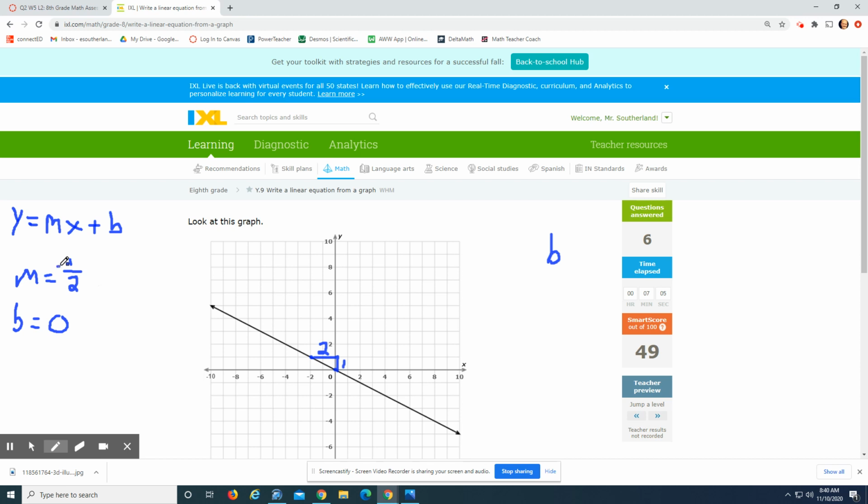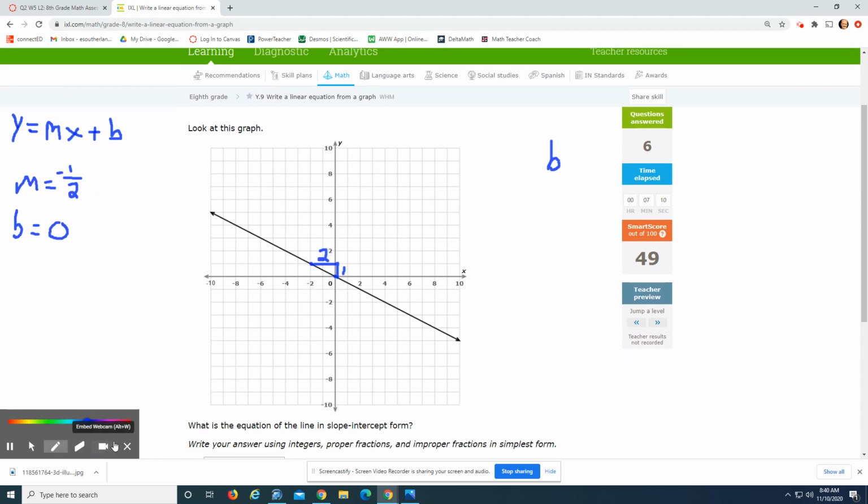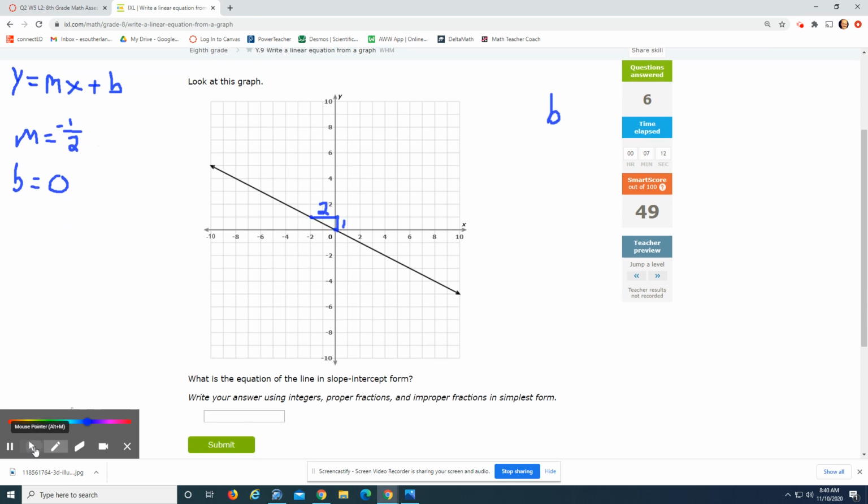Which means that this is a negative slope. And so then you go down and put in your equation. You just type in y equals negative 1 over 2x. And since the intercept is 0, you don't have to put anything, but you could put plus 0 if you wanted to.